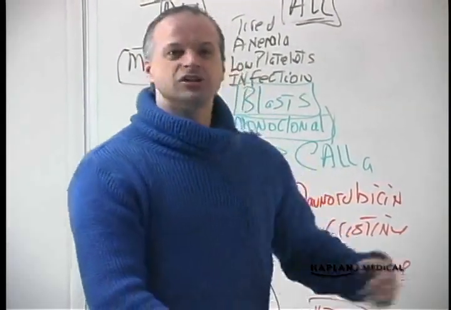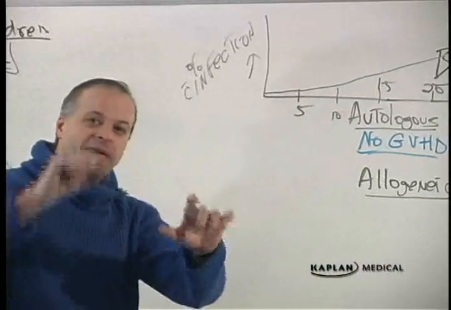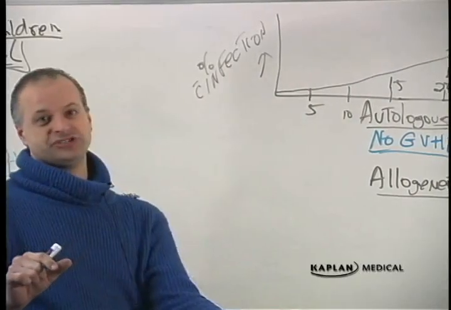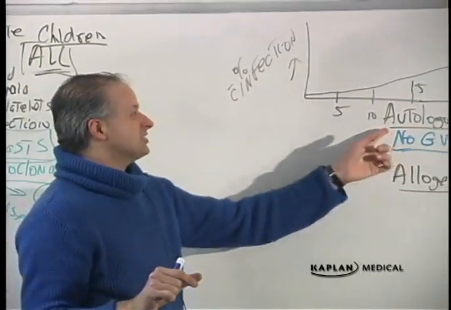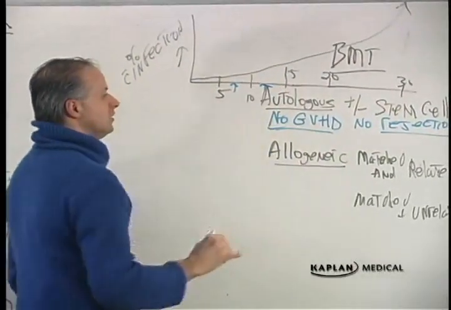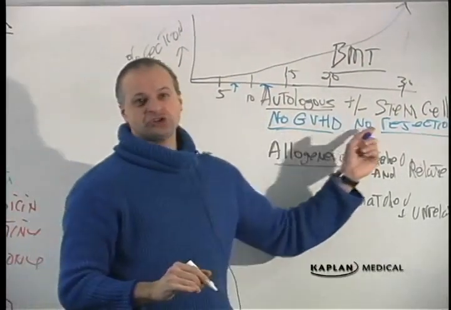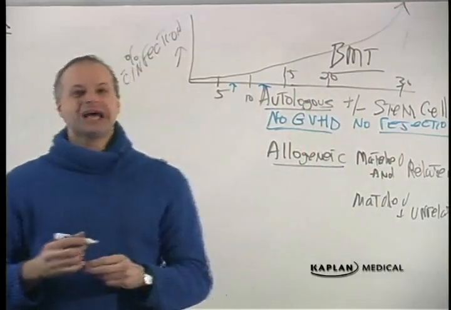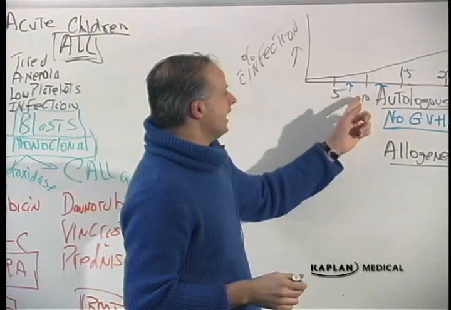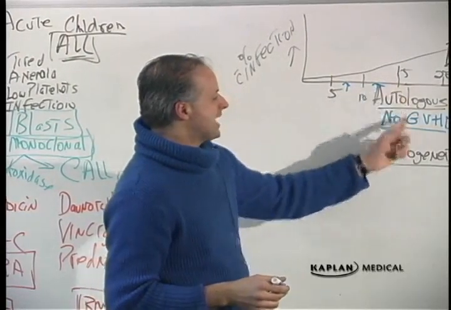You're using monoclonal antibodies to try and cherry pick through the marrow to pull out the evil cells and put back the good ones into the body. Autologous, the duration of neutropenia is very short. Autologous, no graft versus host and no rejection. So the mortality from the procedure is much less, because the duration of neutropenia is very short.